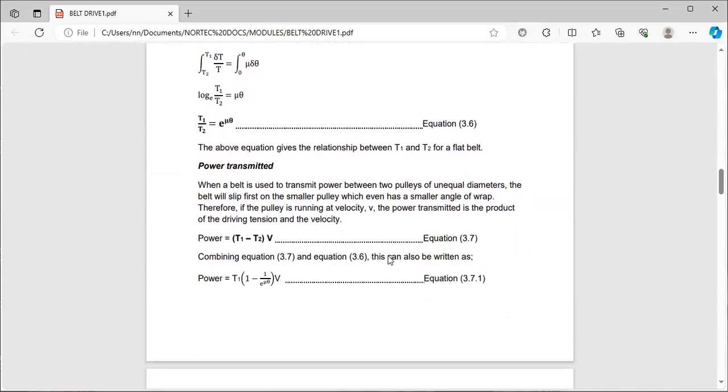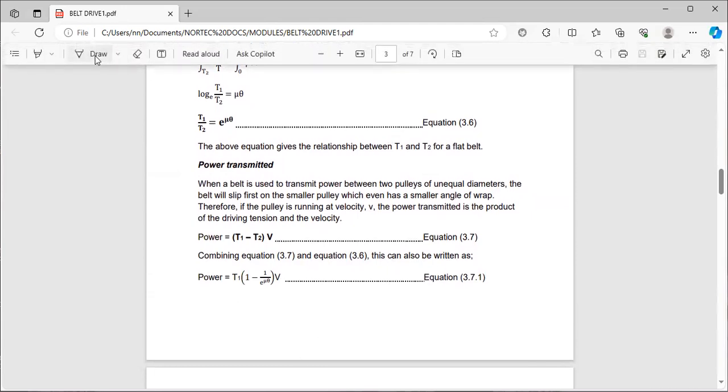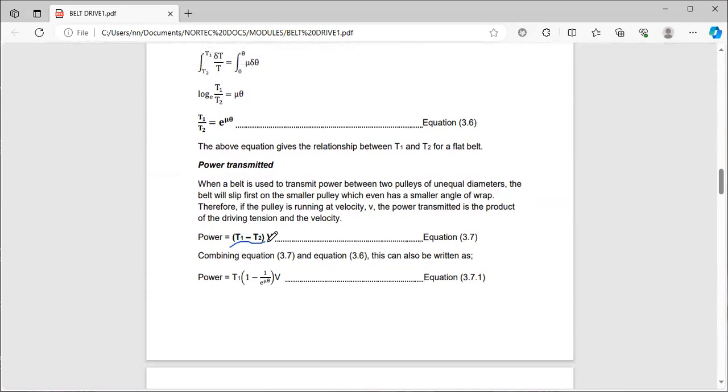Now, having known this relationship for a flat belt, let's talk about the power that is going to be transmitted. The power transmitted is what we have here. You multiply the driving tension by the velocity at which the belt drive is running. So T1 minus T2, then V comes outside the box. T1 minus T2, that's our driving tension, then V is the velocity.